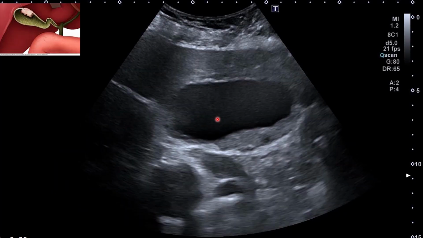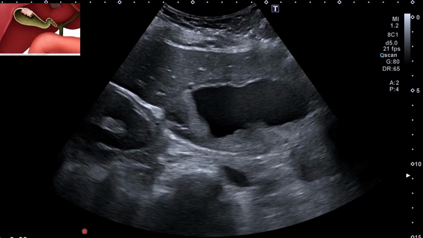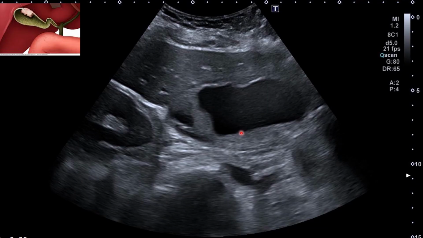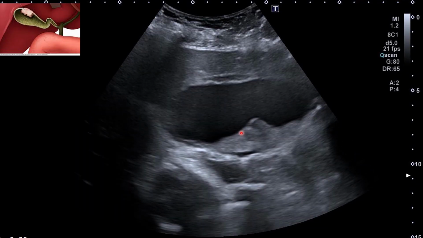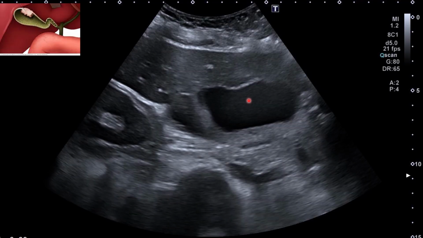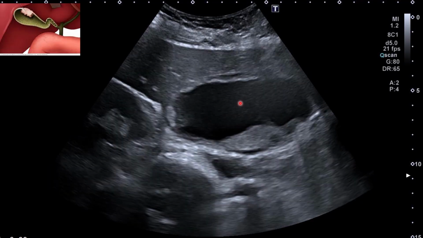The mass is not taking color on Doppler. So what can this possibly be? Is it a cancer, or the tumefactive sludge? If it's not, what should we do?